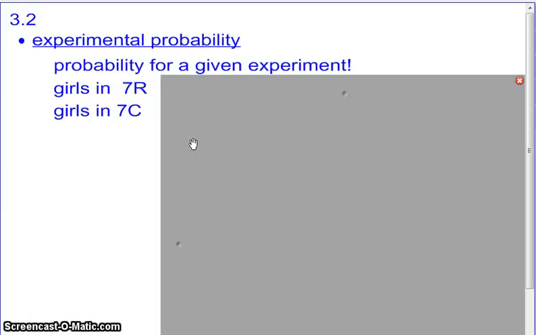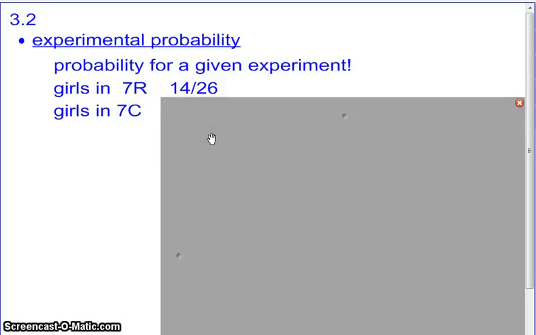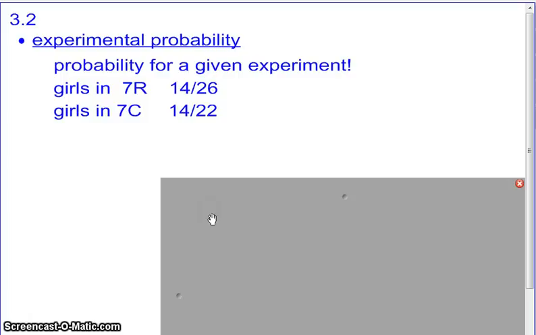The probability would be walking into the classroom and counting the number of girls out of the entire possible number of students. In 7 Roberts, there were 14 girls in class the day we counted, out of 26 total students at class that day. In 7C, there were 14 girls in a class that had 22 students.